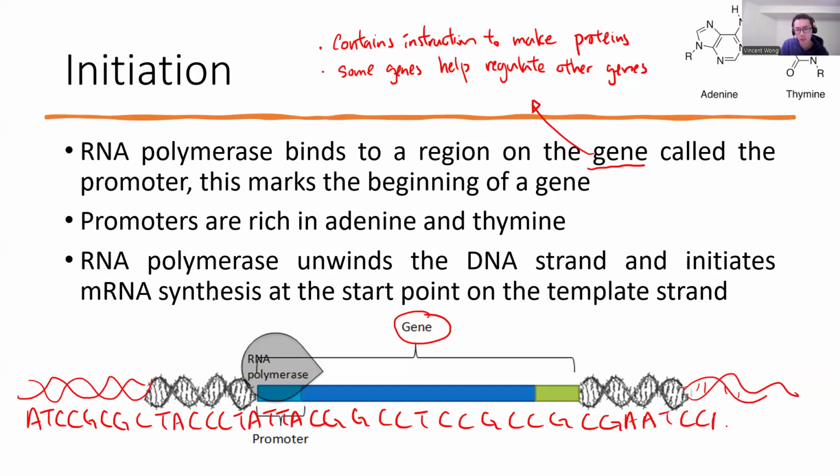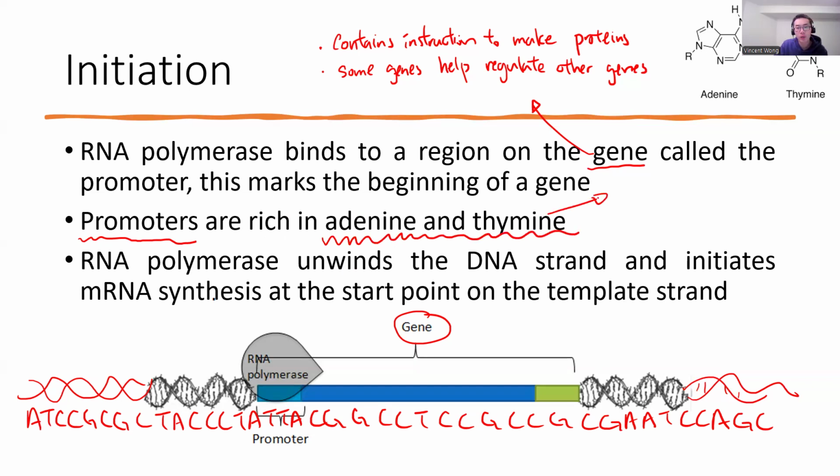How does the body know when the gene begins, right? It's just a bunch of ACTGs. Well, it turns out a gene is marked by a special sequence at the beginning. It's still made up of nucleotides, but this special sequence is called the promoter sequence, and it marks the beginning of the gene. Typically, the promoter is really rich in adenine and thymine.